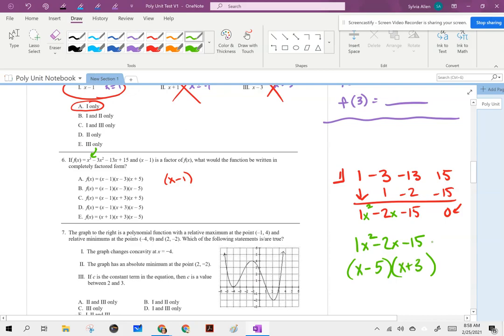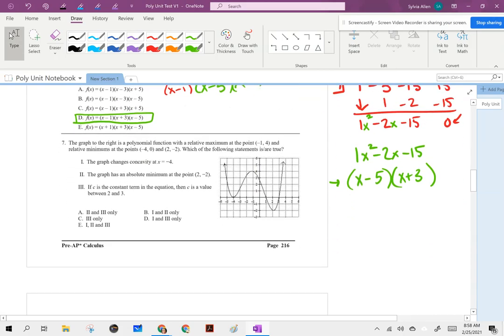But you could totally factor by grouping, but the bottom line is you're going to get x minus 5 and x plus 3. So I'm looking for the answer that has x minus 1, x minus 5, and x plus 3. So that looks like D is going to be our answer here.